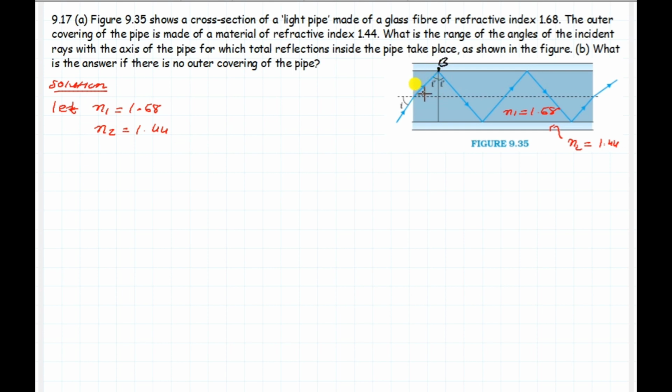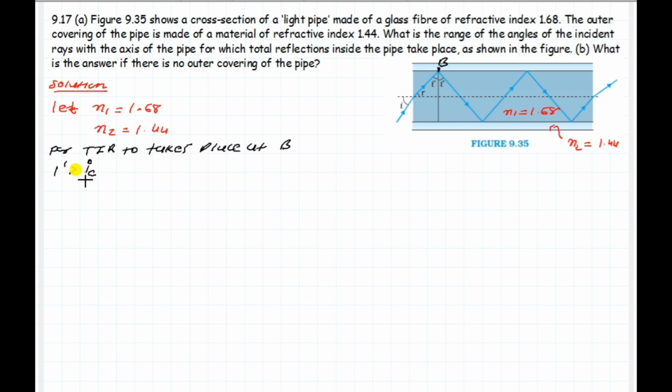At point B, total internal reflection would take place if the angle I dash, which is the incident angle over here, is greater than the critical angle. So for TIR to take place at B, I dash must be greater than the critical angle IC.